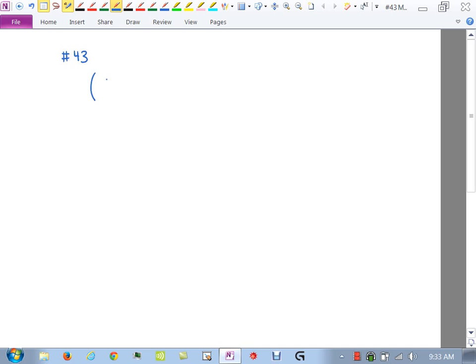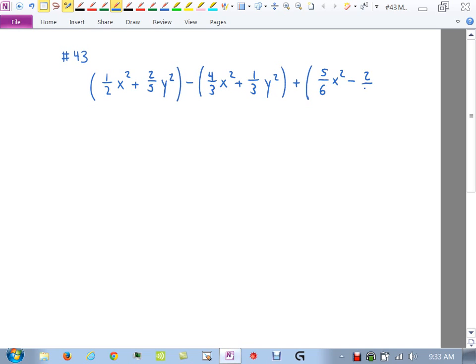We have 1/2 x squared plus 2/5 y squared, minus 4/3 x squared plus 1/3 y squared, plus 5/6 x squared minus 2/3 y squared.